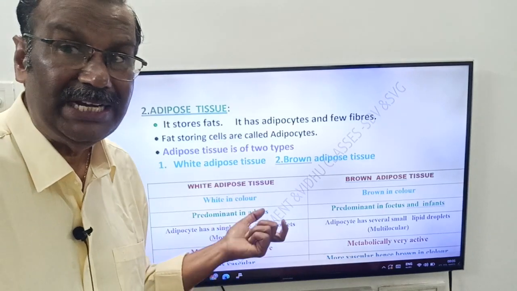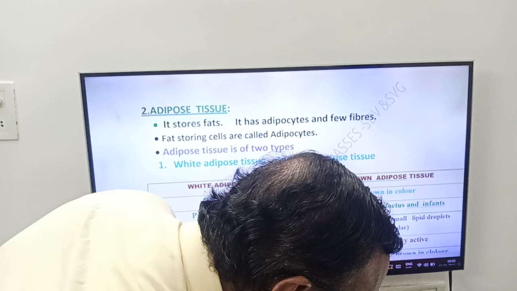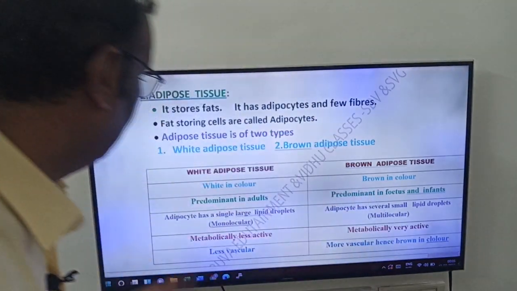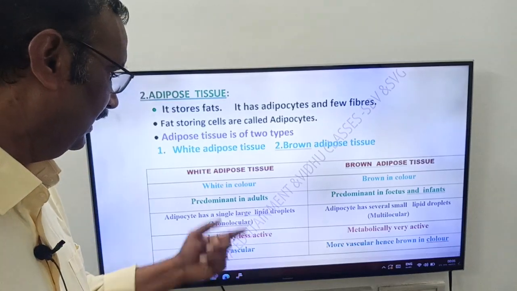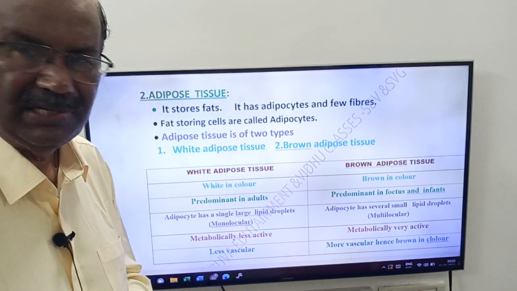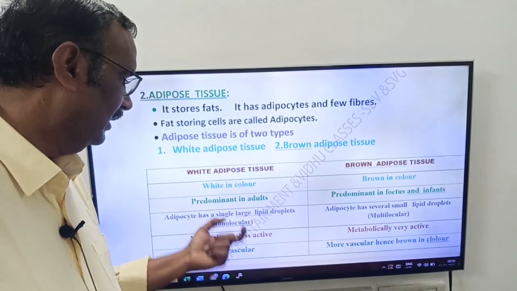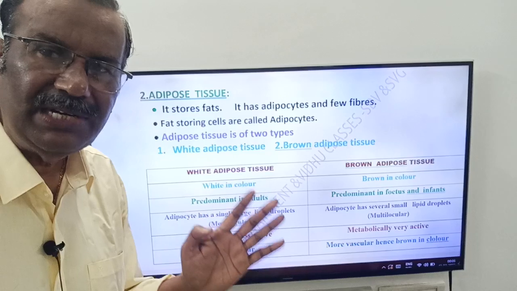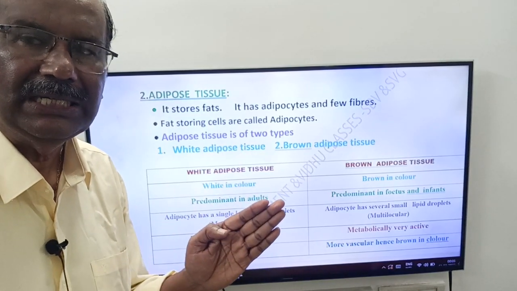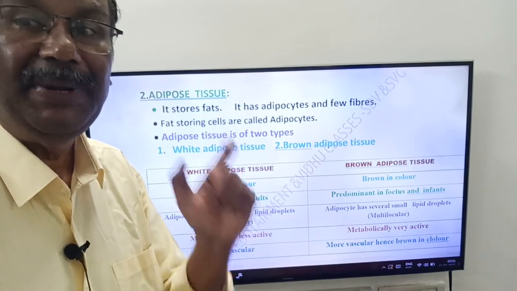Friends, white adipose tissue and brown adipose tissue. See, friends, what is the difference between these two? White adipose tissue, white in color. It is predominant in adults. Its adipocytes have a single large lipid droplet.